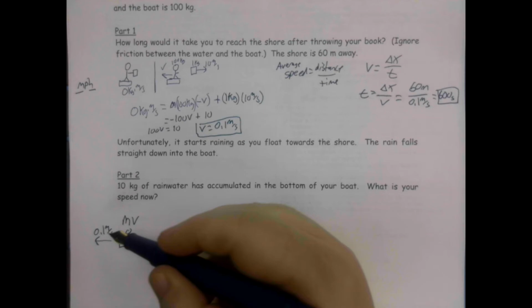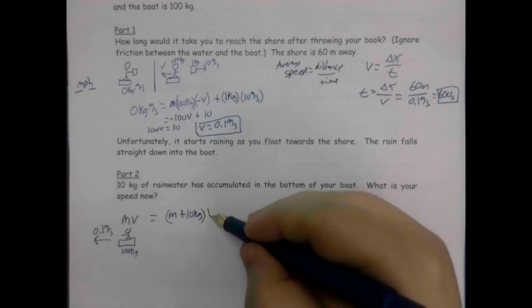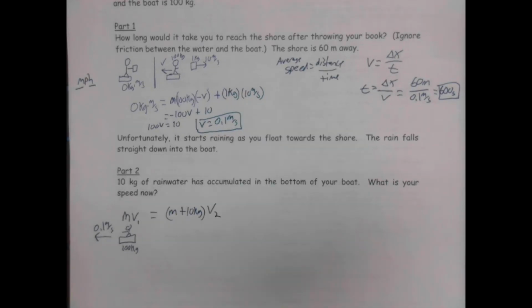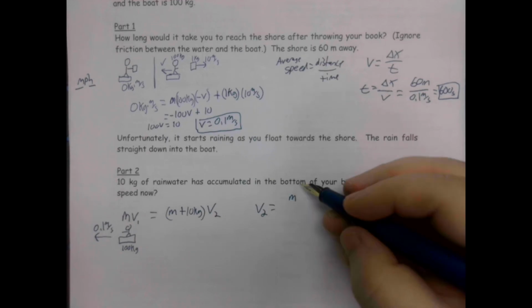Momentum does not change, so this must be equal to mass plus 10 kilograms times a new velocity. Thus, your velocity is now your original momentum, so mass times velocity, divided by your new mass.